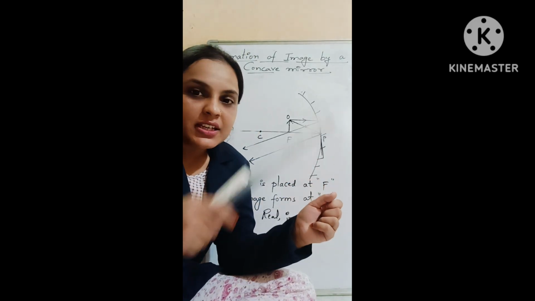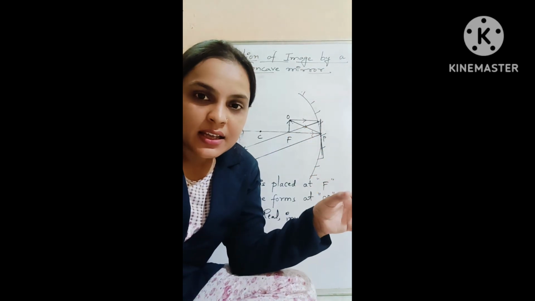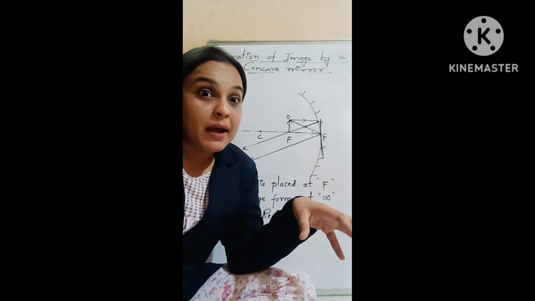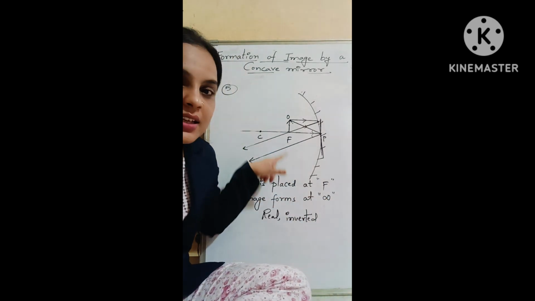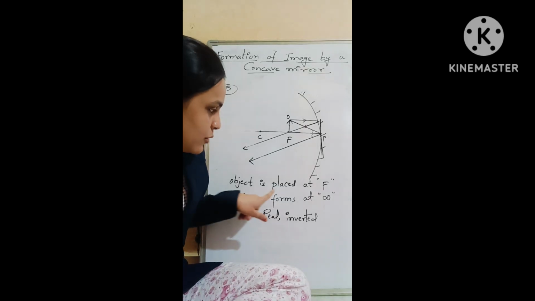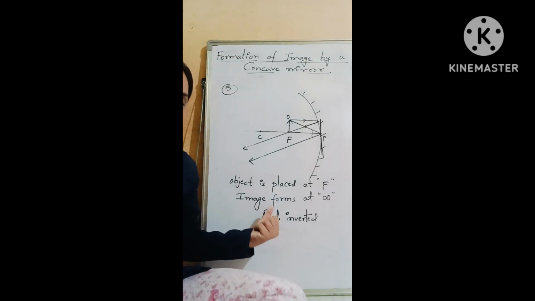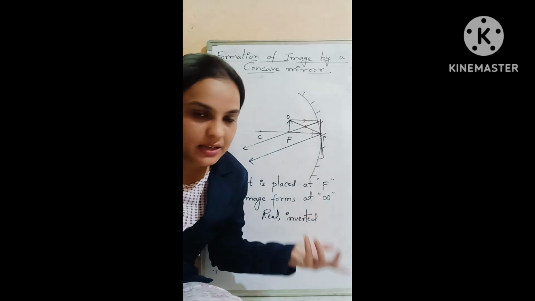In the previous cases, whatever four cases we have seen, we got the image, which means parallel rays can also meet. That's why we can say that these two parallel rays also can meet. So we say that when the object is placed at focus, the image forms at infinite distance. We don't know exactly, but they will meet.